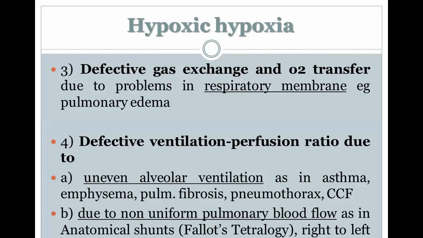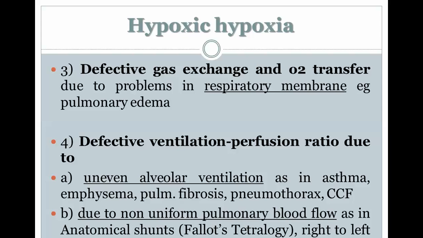So there is a gradient of 40, and the oxygen will go across the transpulmonary capillary membrane to the blood, to the capillaries. So the arterial will become saturated, and PO2 in the arterial increases to become 100.